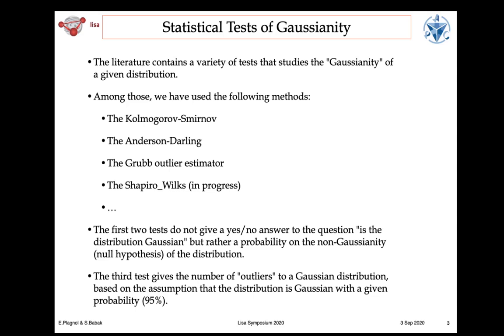The first two tests do not give a yes or no answer to the question, is the distribution Gaussian, but rather a probability of the non-Gaussianity of the distribution. The third test gives the number of outliers to a Gaussian distribution, based on the assumption that the distribution is Gaussian with a given probability. Here we're using 95%.